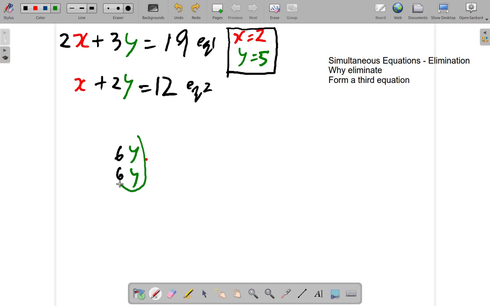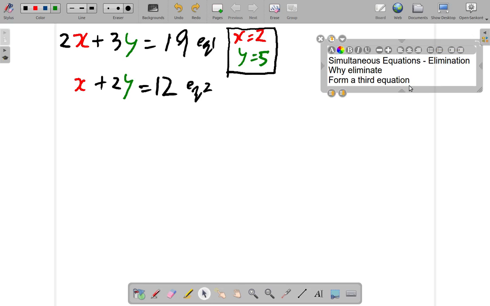We could say these two 6y's, they subtract and you get 0y. So that's another consideration.